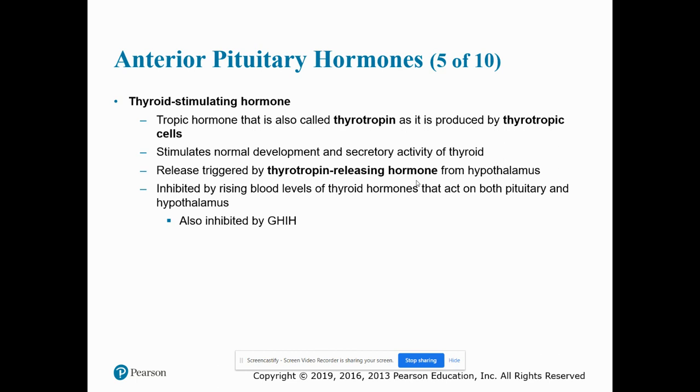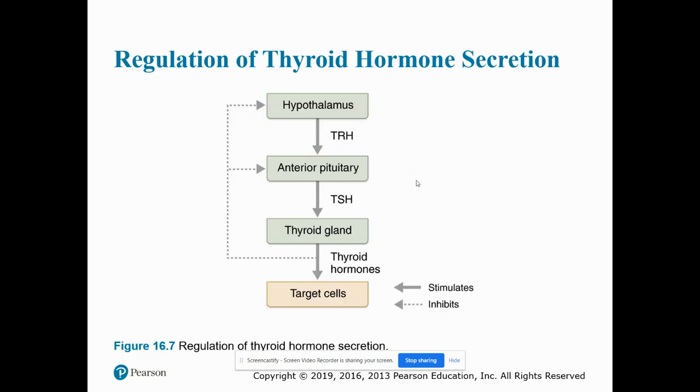It's going to be inhibited by rising levels of thyroid hormone that act on both pituitary and hypothalamus. It's also inhibited by GHIH, growth hormone inhibiting hormone. And this is just kind of this little flow chart-ish thing showing we got the hypothalamus, and this is the releasing hormone, which is going to cause the anterior pituitary to release thyroid stimulating hormone, which is going to cause the thyroid gland to release thyroid hormones.